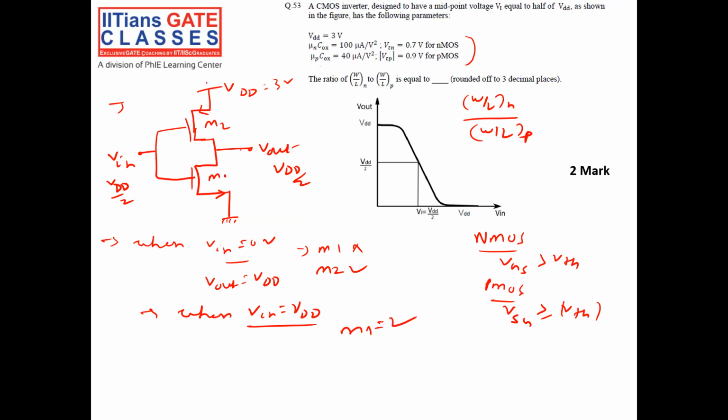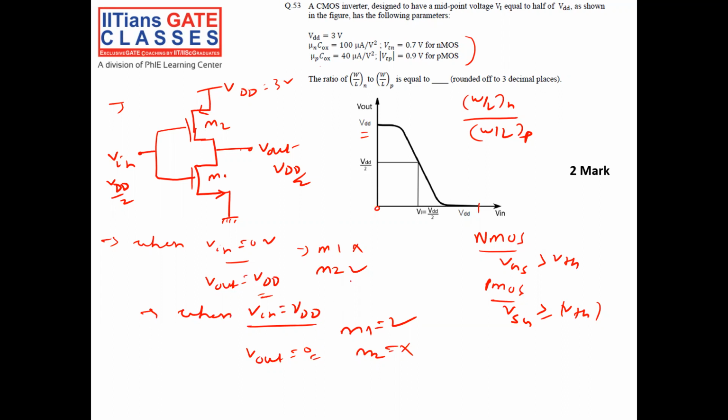M2 has VDD minus VDD equal to 0, so M2 will be off. M2 off means this path is cut. M1 will be on, like almost a short circuit, so ground will come to V out. So V out will be 0. When V in is 0, we have seen output is VDD. Here, when V in is VDD, my output is 0.